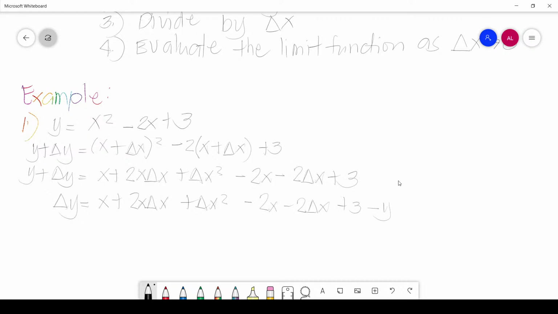So, what is the value of y? We need it to be in terms of x only on the right side, right? So, let's substitute the value of y from the original function, that is x squared minus 2x plus 3. That is our delta y. x squared plus 2x delta x plus delta x squared minus 2x minus 2 delta x plus 3 minus, substitute the value of y.